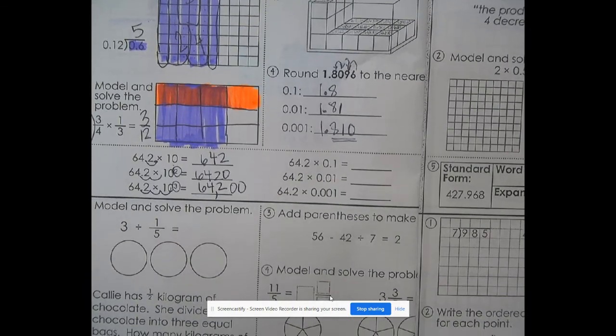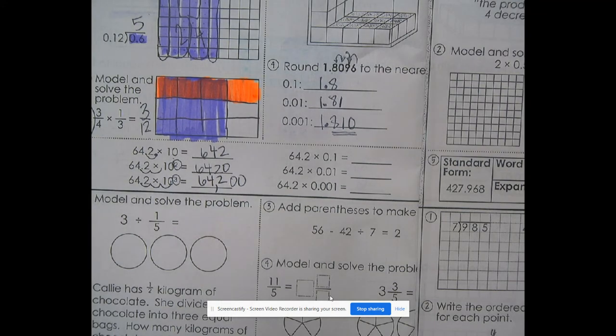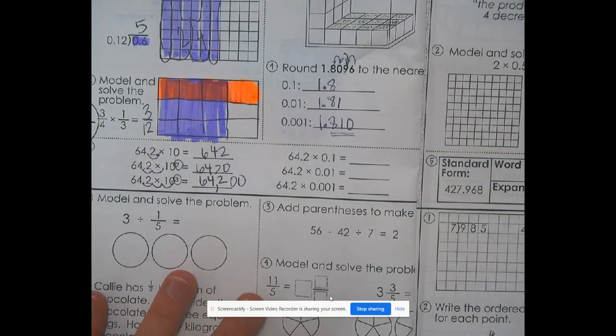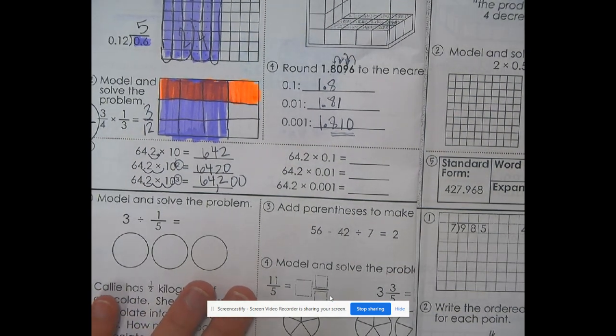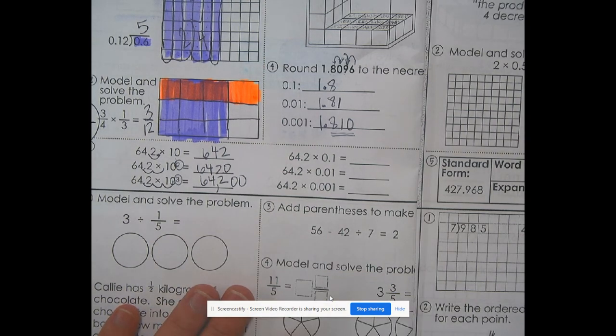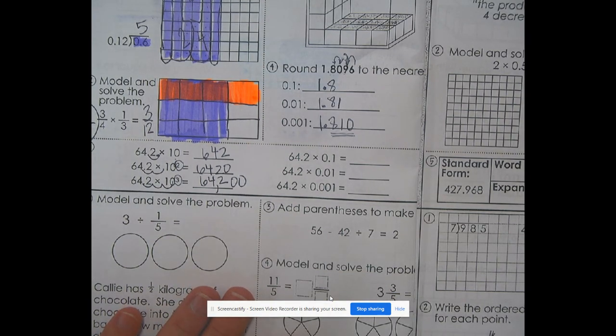Okay, now I'm multiplying by a decimal. This is like when we find 80% of our score. Okay. So what am I going to do? Okay. So remember, when I multiply by 8/10, what do I count? How do I know how many times I'm moving?